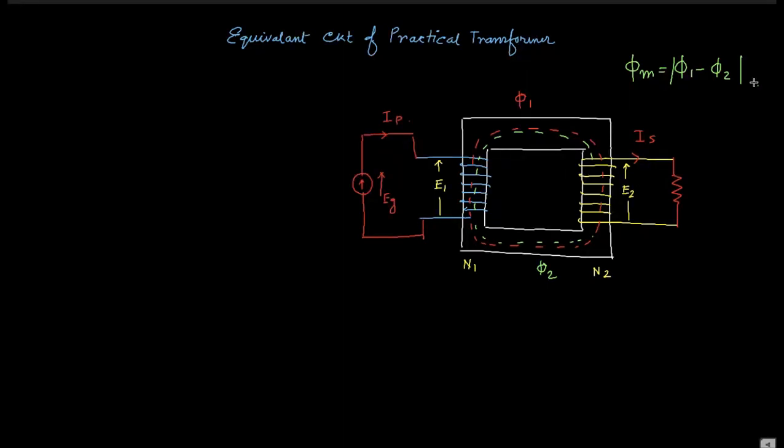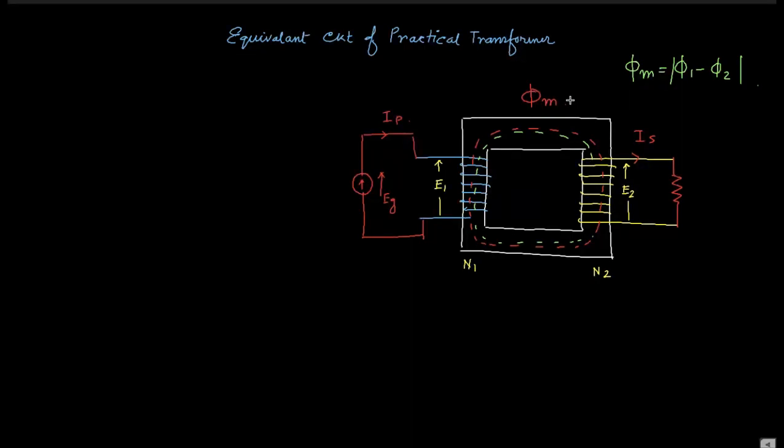Basically, one resultant flux is flowing through the core. So this is phi m, the mutual flux flowing through the core, or you can say the main flux.